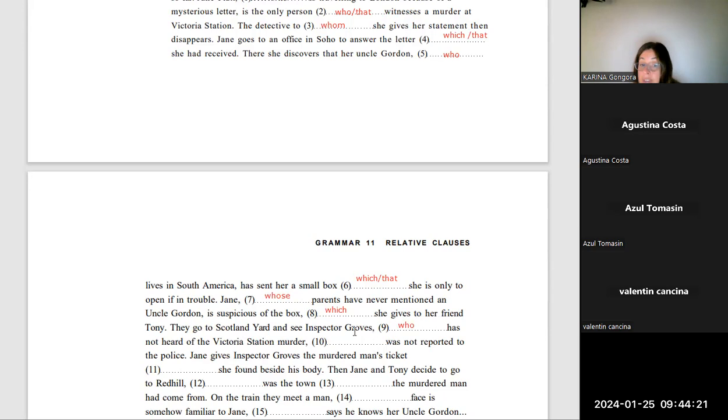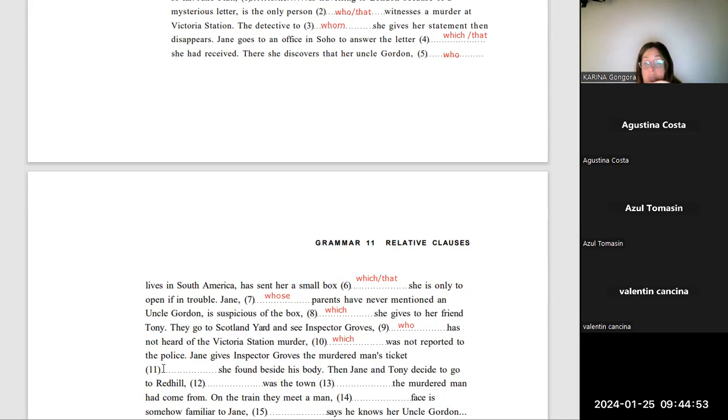Now we're talking about the case, the murder. So we say which was not reported to the police. Jane gives Inspector Groves the murdered man's ticket. And here I want to clarify this. Here, of course, we can say which she found beside his body or that she found beside his body, but we can also have it in a blank.